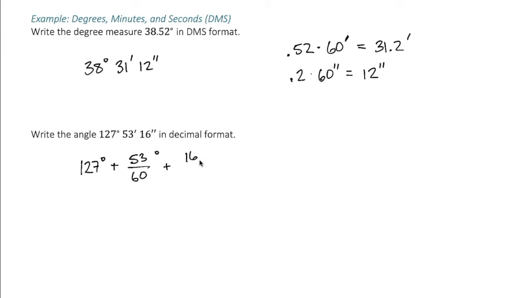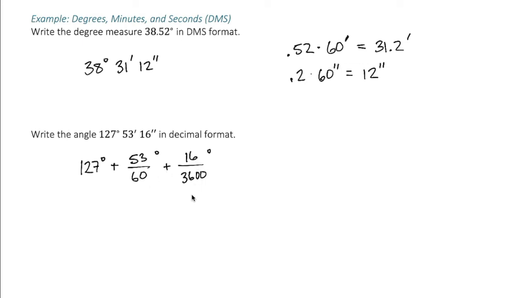Now that's 16 out of the 60 portions of a minute, but a minute is 1/60th of a degree. And so down here we would have 60 times 60, which is 3,600. So from degree, minutes, seconds, we just add the minutes over 60 and then add the seconds over 3,600.